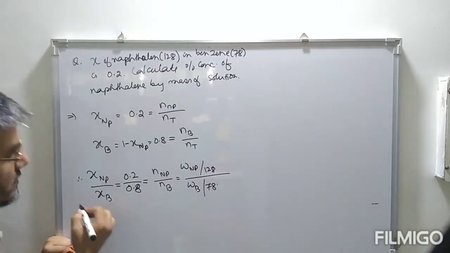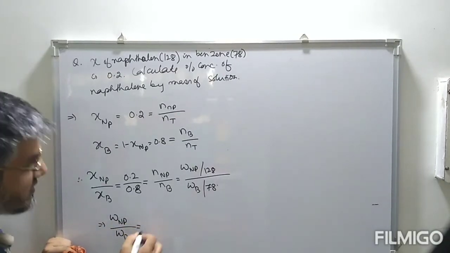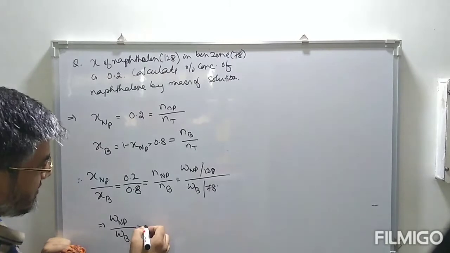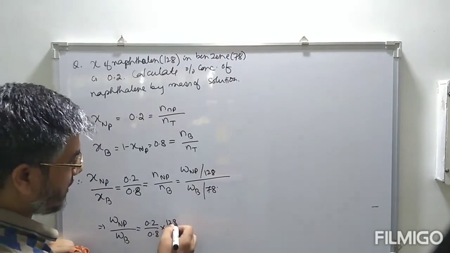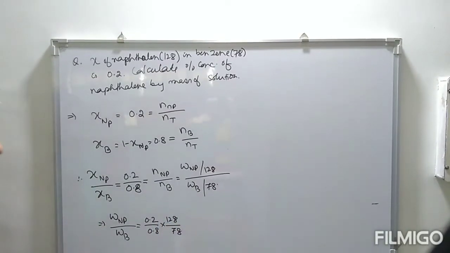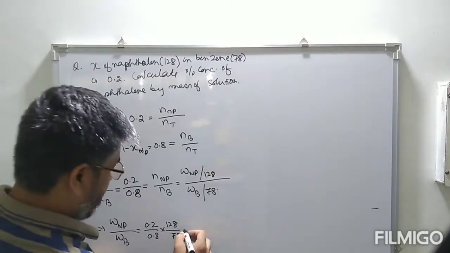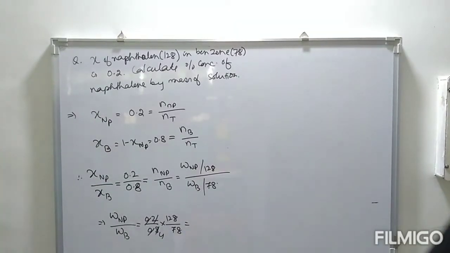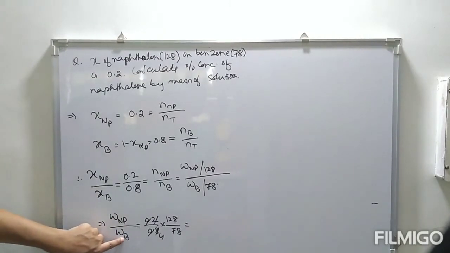So therefore, look at this. Mass of naphthalene divided by mass of benzene, that is 0.2 by 0.8 into 128 by 78, that is cross multiplication.